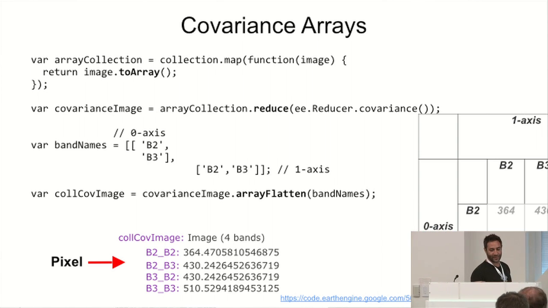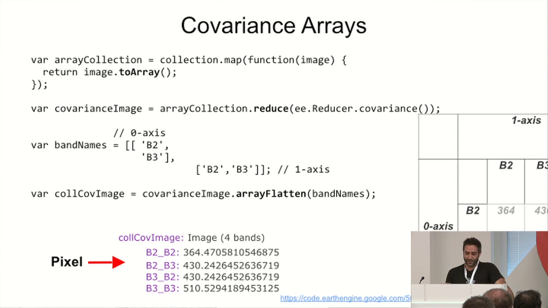So in order to compute, say, covariance between bands over time, first, you take your image collection, map a function over it, and call .toArray on each image in the collection. This turns each image into an image in which each pixel stores a one-dimensional vector. You can then take this array collection and reduce it with the covariance reducer, so you're putting as input all those little one-dimensional vectors from each image in the collection.